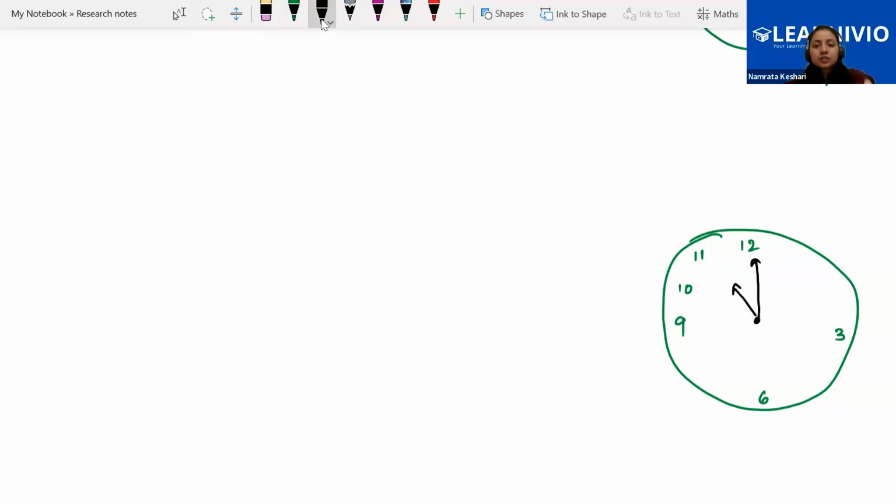Now this minute hand will take one complete revolution. That means how much minute it will cover? It will cover 5 minutes from here, then 5 minutes from here, then 5 minutes from here, so for completing one revolution, the minute hand will cover 60 minutes.